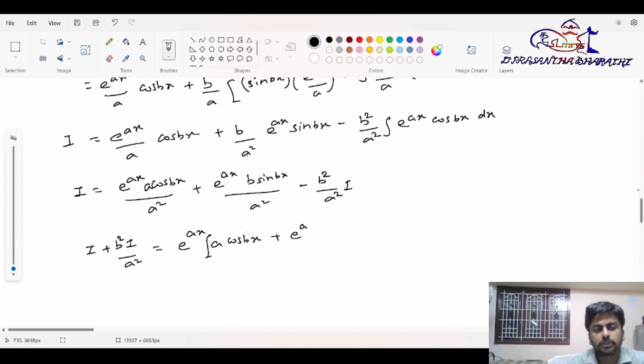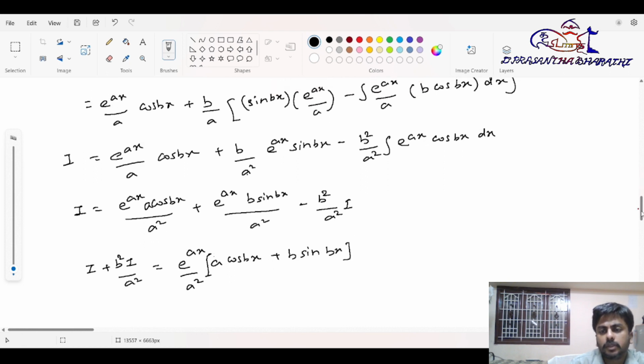So e power x is common, and a square is also common, e power x by a square is common, so a cos bx plus b sin bx.